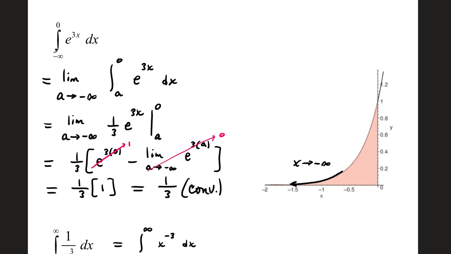With e, the more and more negative your power gets, and you can try this on your calculator, like e to the negative 5, e to the negative 20, the closer that gets to 0. And that actually becomes insignificant. Don't forget, we have 1/3. This first evaluated to 1, so we have 1/3 times 1, which is 1/3. We have a convergent integral.